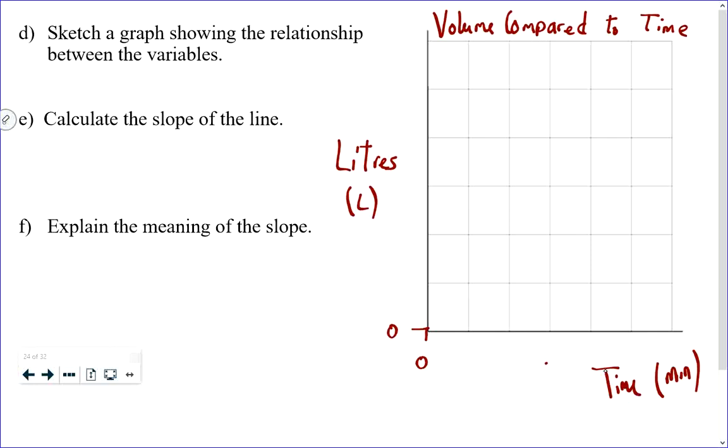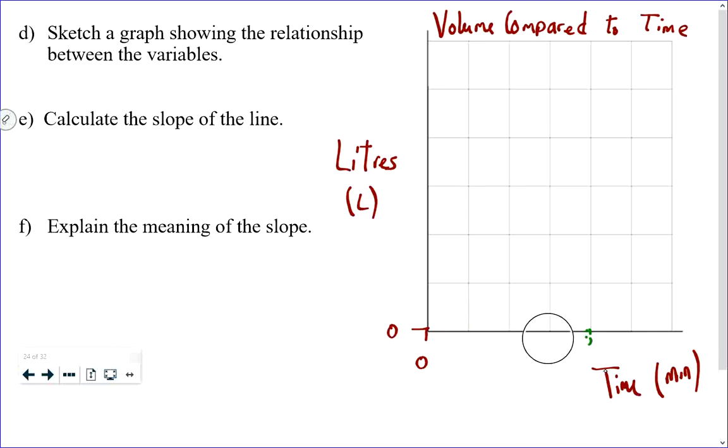So you might think, well, what if we did this? And everybody's different. Some of you it will be obvious what we do. But you might think, I'm going to say 2, 4, 6, 8. No, that's not going to do it, is it? It's not going to do it because we're not hitting 20.